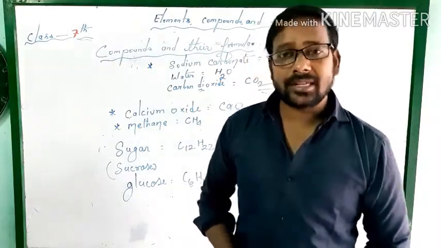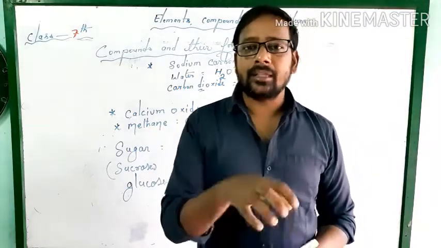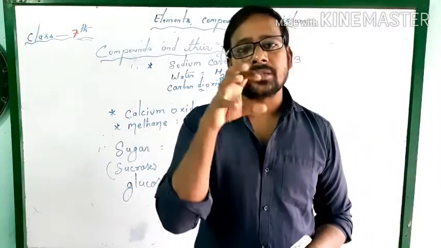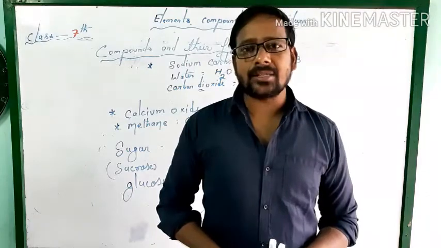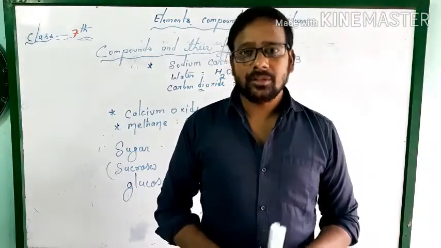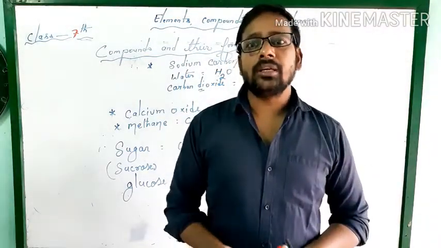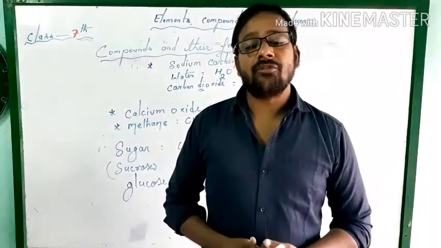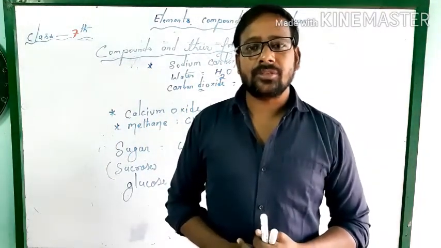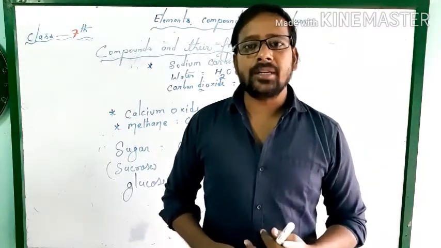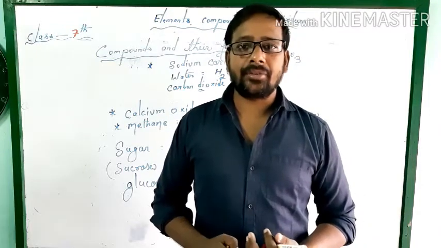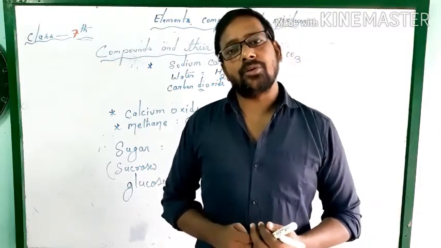Try to understand and learn the formulas of these particular substances. It may be asked in your examination, given in the first unit. It may be asked in your final examination, because it is very important. So my humble request, try to learn and write them in your book and papers.